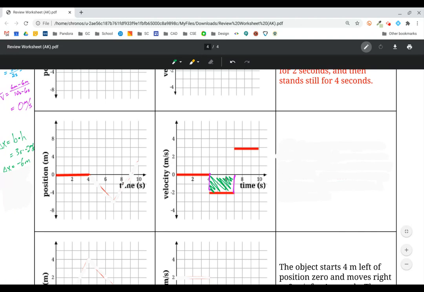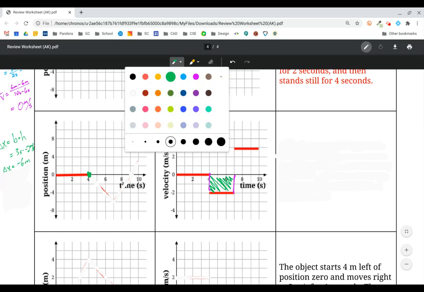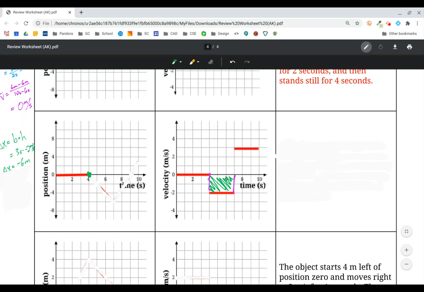And so then we need to go negative 6 from this position of 0 in the same time duration of 3 seconds. And so what that gets us is 3 seconds later, 1, 2, 3, we need to be 6 meters left of 0. And so in this case, 6 meters left of 0 is negative 6. And so then we'll see that this is the line for our second section of motion.